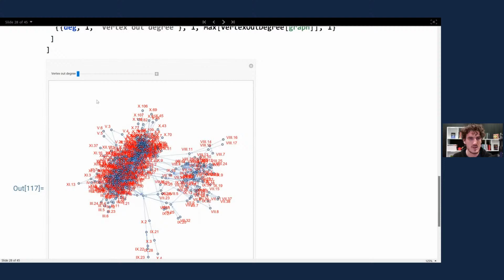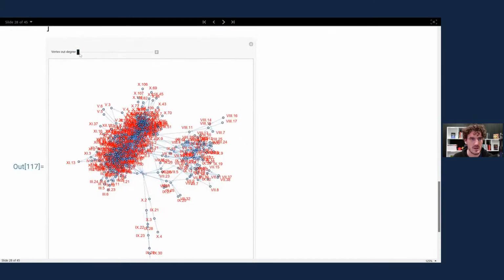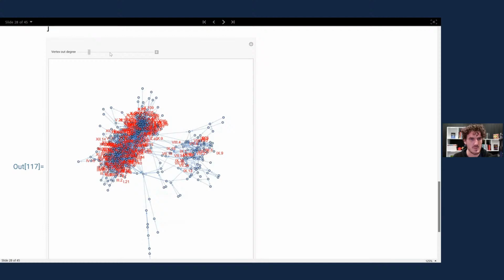So when this is 1, they're all labeled, but then I can slide this, and fewer and fewer of them are labeled. If we slid this up to the maximum, we would end up with only one labeled vertex. So you can think of this as the axiom from which the most other axioms follow.